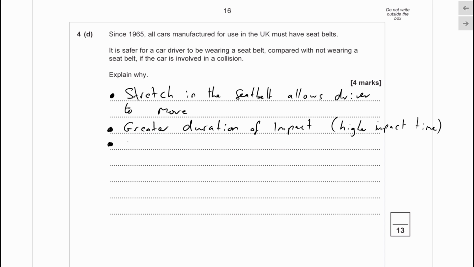So if the driver hit the windshield, impact time would be reduced. Okay.